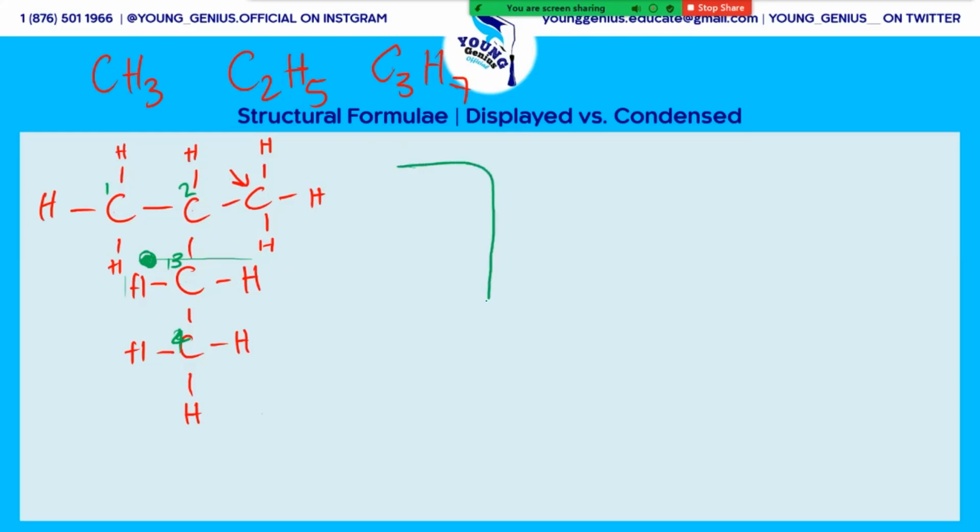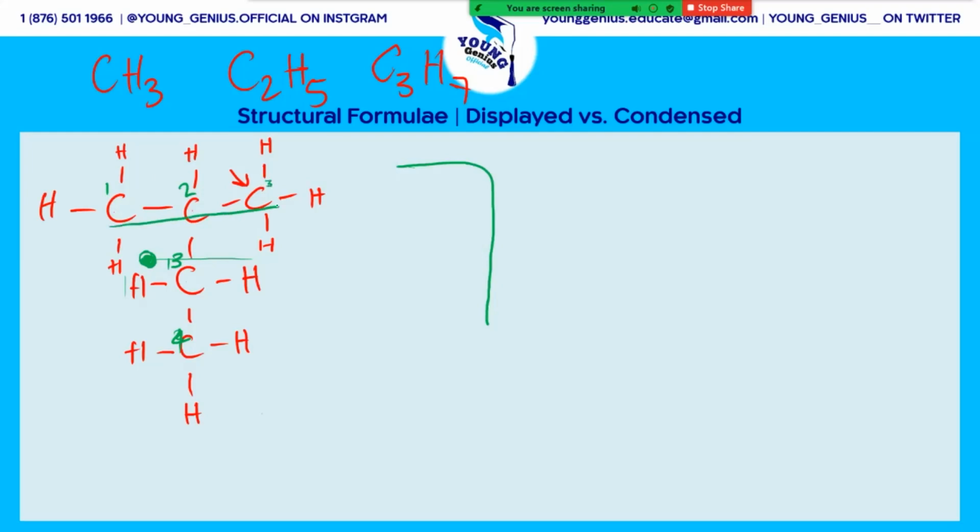Think of it like a row. You're trying to find the longest carbon chain, the one with the most carbons when you continue counting. If you count from here, 1, 2, 3, this is only 3 carbons.